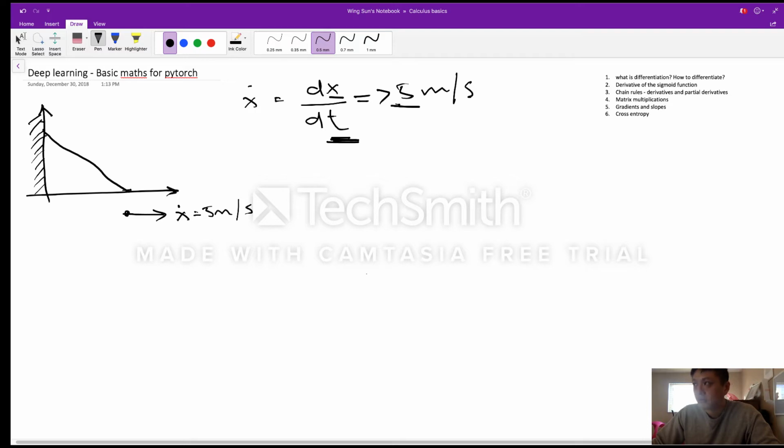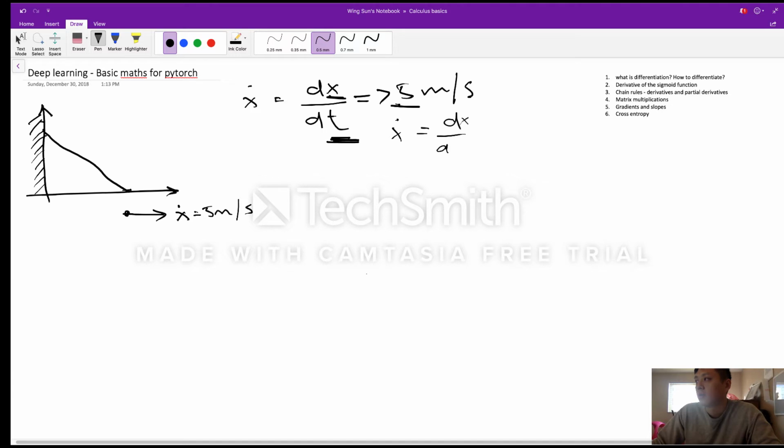So dx over dt means you have a distance and a time: how would distance change if time changes? Well, it's 5 meters per second. Fairly simple.